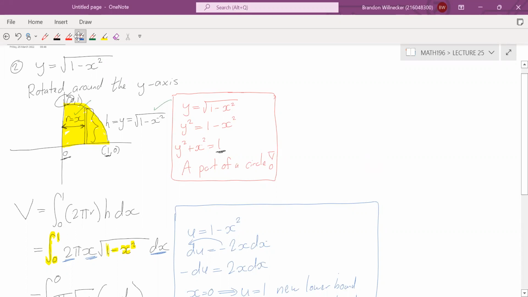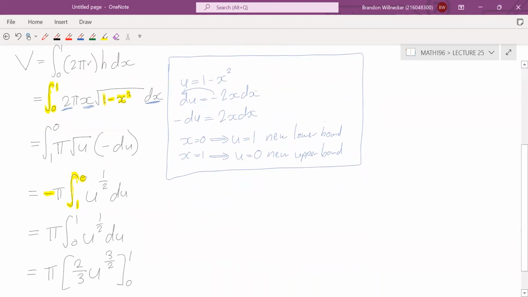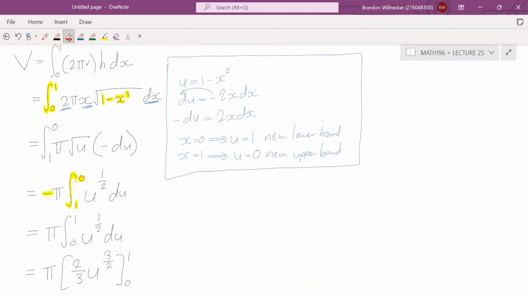Okay, got a question here. Do we have to substitute u at the end? No, there's no substituting u at the end because this is a definite integral.